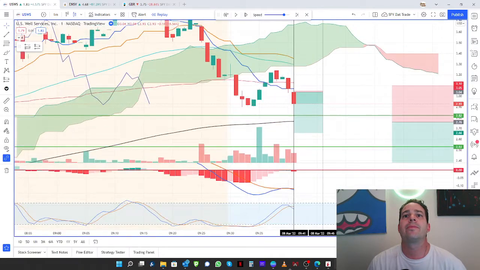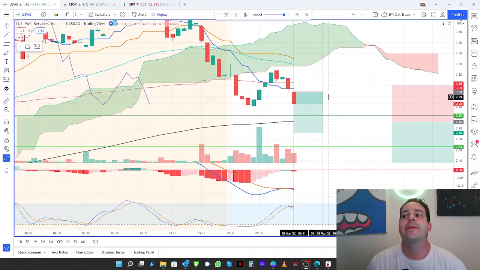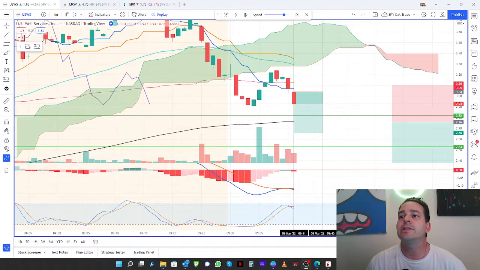So that should be good. And you can see on the RSI stochastics we have crossed. Sorry, I'm just getting my stuff lined up here.